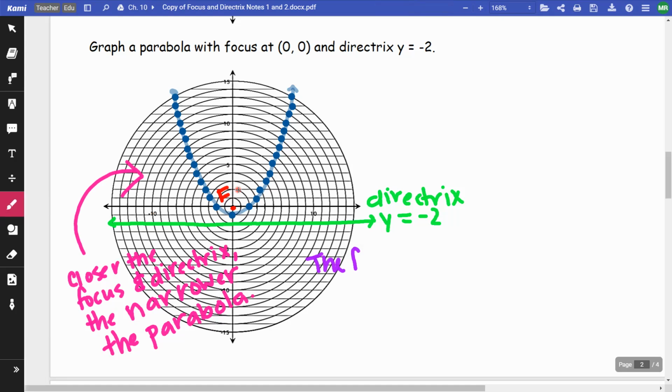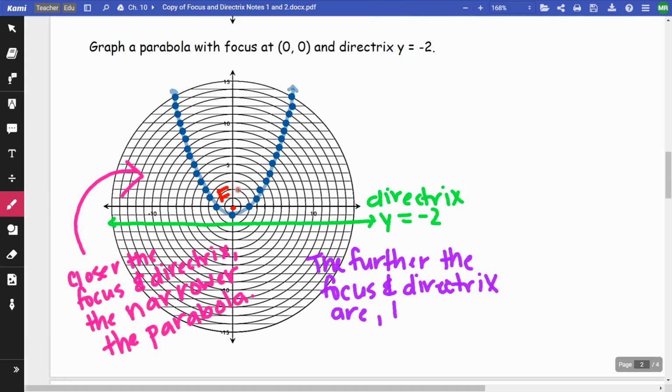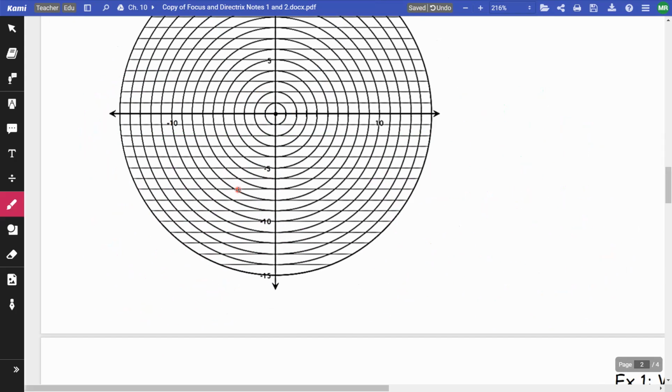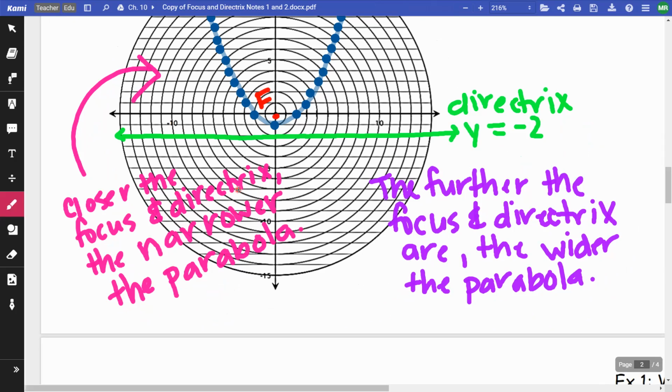The further the focus and directrix are, the wider the parabola. Okay, so the closer the focus and the directrix are, the narrower your parabola.